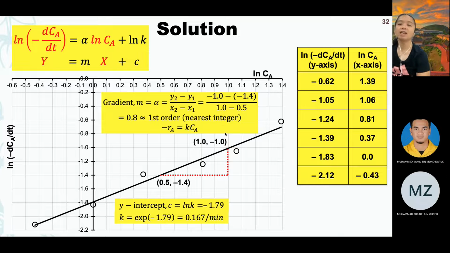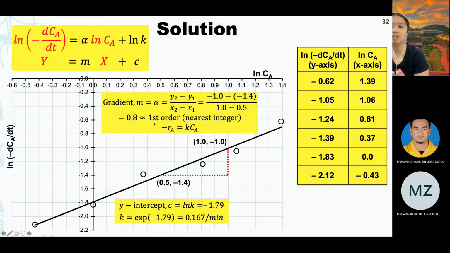And then don't forget, aim dia nak cari K, nak cari alpha. So from equation, alpha equals to your gradient. Okay, so daripada gradient kamu kira, nah ni saya tunjuk ni manual calculation. I use the formula lah kan. Tapi kalau Excel terus dapat, you will get the gradient 0.8. Don't forget, round up to the nearest integer, so it become 1.